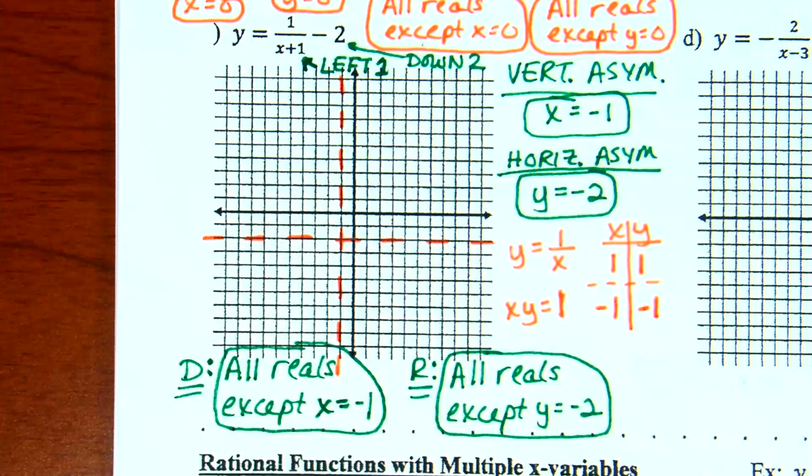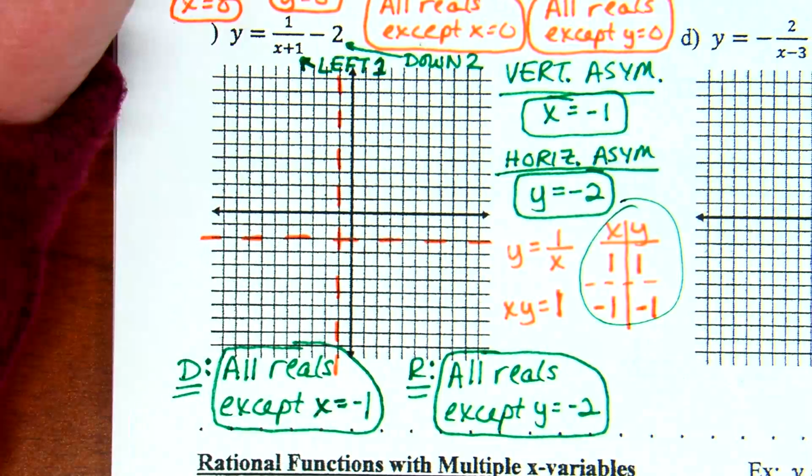So, let's graph it. Now, when I do 1, 1, I almost forgot, we haven't talked about this. You have two options of how you can do this. You can graph a regular 1, 1, and then what do you have to do? You have to officially translate it, left 1, down 2. So you can take those ordered pairs and translate them.